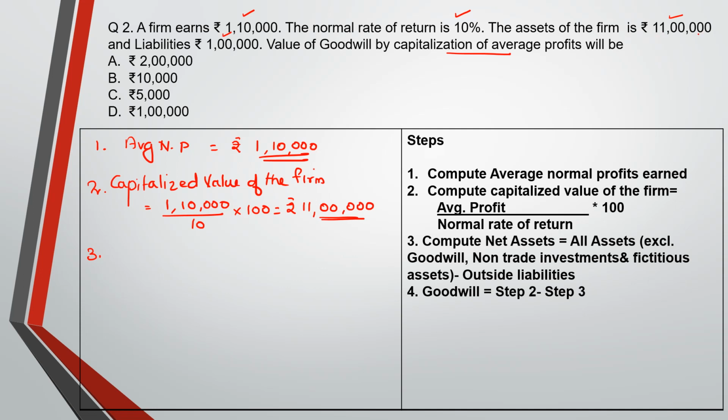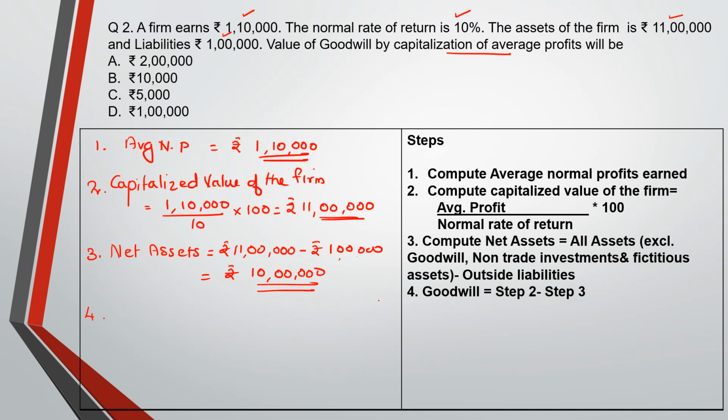They have just given assets of the firm were 11 lakh, liabilities 1 lakh. No further details. So we'll just take that it's all exclusive of all this, and we will calculate the net assets here. So net assets here would be rupees 11 lakh of assets minus 1 lakh of the liabilities. So that gives us net asset of 10 lakhs.